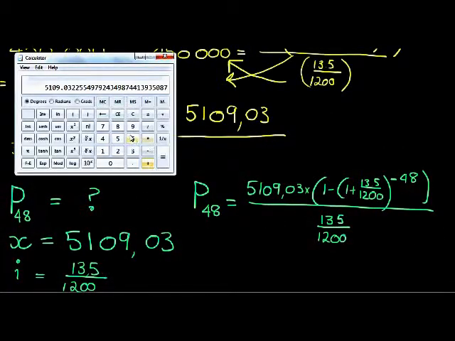And now if we go calculate that, it is 5109.03 times, in a bracket, 1 minus another bracket 1 plus 13.5 divided by 1200, close the bracket, to the power of the critical step, 48 with a negative, close that, and divide with this bracket 13.5 divided by 1200.